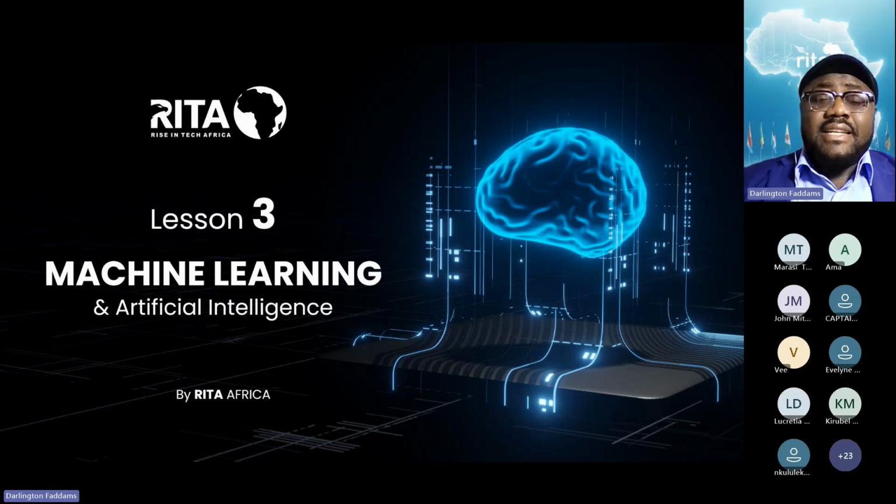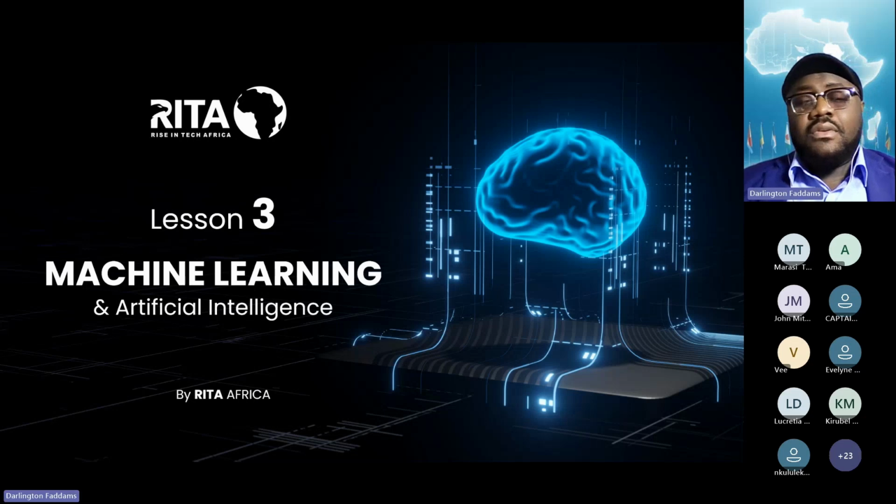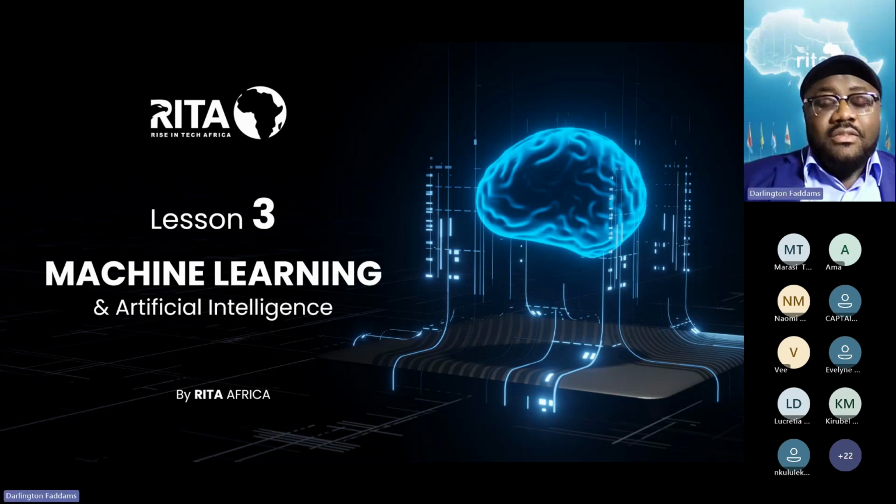This is a very powerful lesson, and a year from now, this is going to be required almost in every industry. And a lot of fields are going to include machine learning. For us in data, it is part of us.